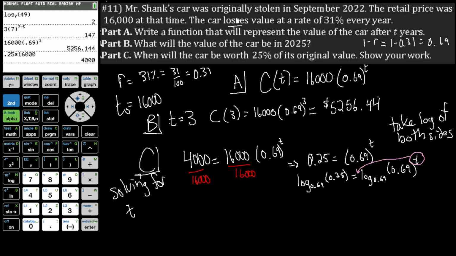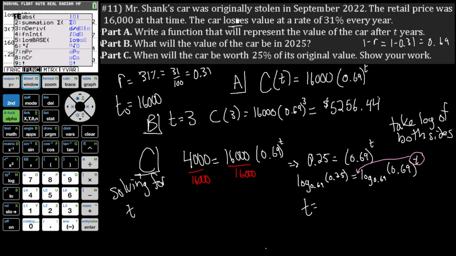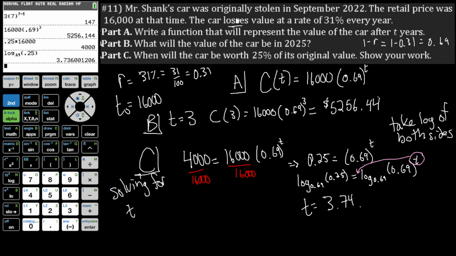So I am going to have t is going to equal, so our time in years, we have log base 0.69 of 0.25. Hit enter, and so it's going to be about 3.74 years.